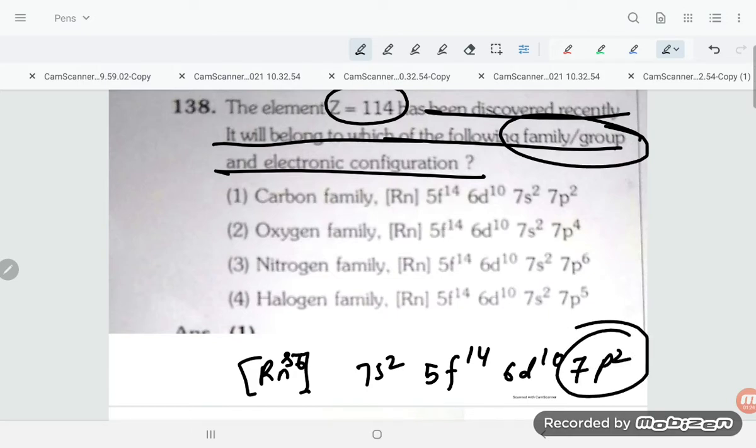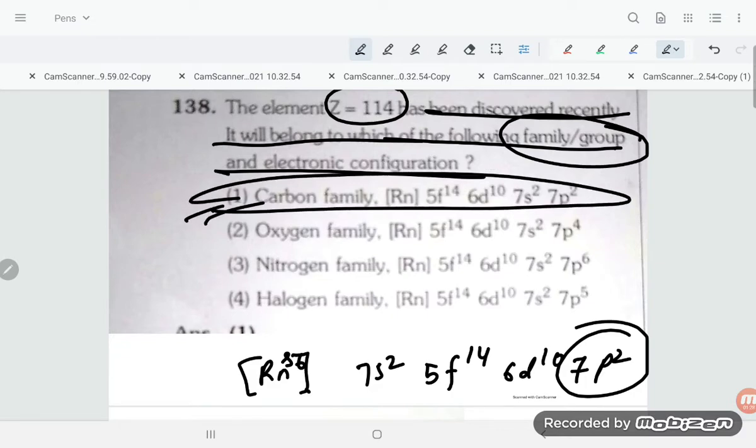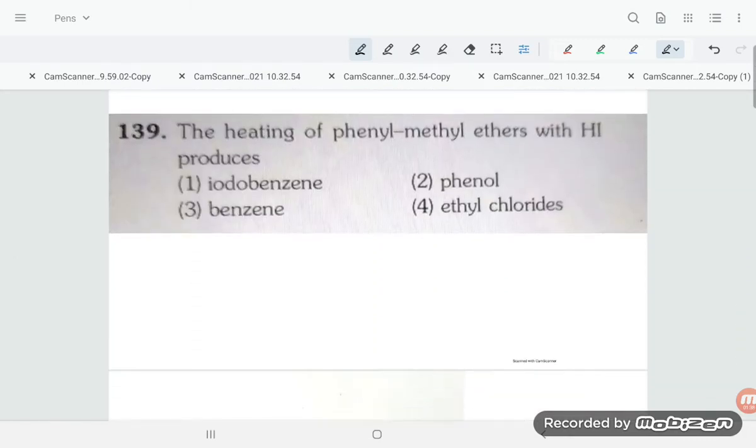So it is going to be p block, the carbon family. It is option number 2: p block, period number 7. If you talk about the group, it will be group 14, the carbon family.